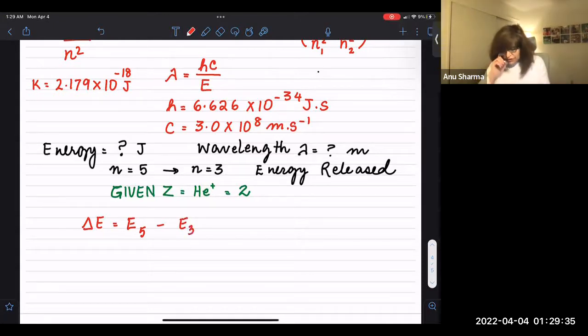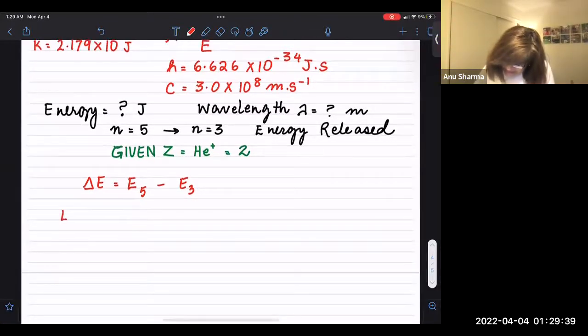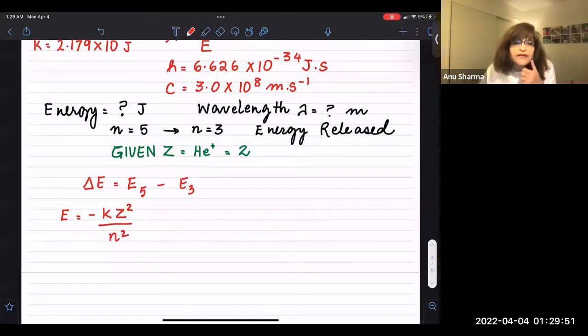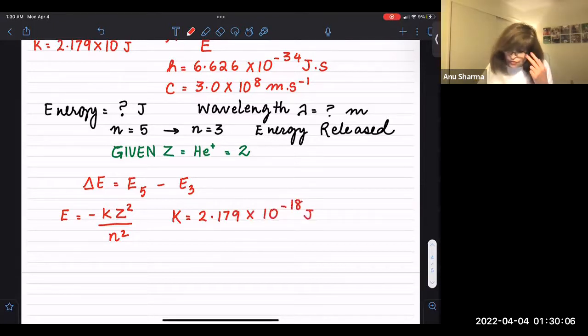We know that the value of E is equal to negative k Z square over n square. We also know the value of k, which is 2.179 times 10 to the power negative 18 joules.